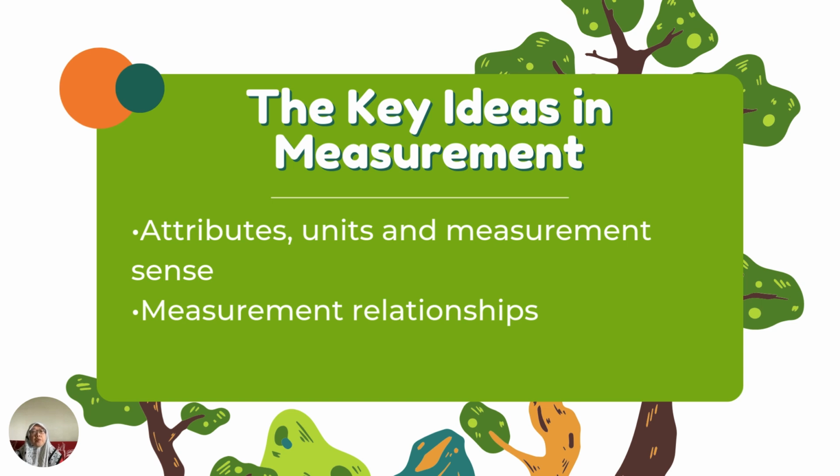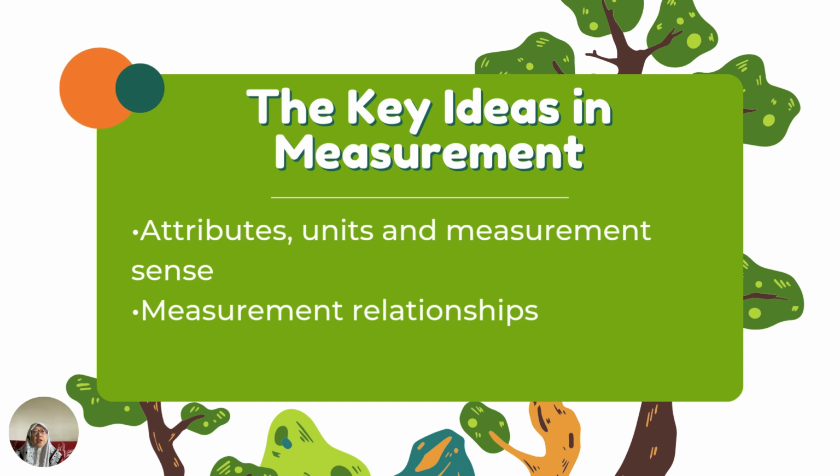So the first one, which talks about attributes, attributes are actually what is it that we measure. Okay, what are the things that we measure? And then for each measurement, it has its own units, sometimes one, sometimes two, sometimes three.